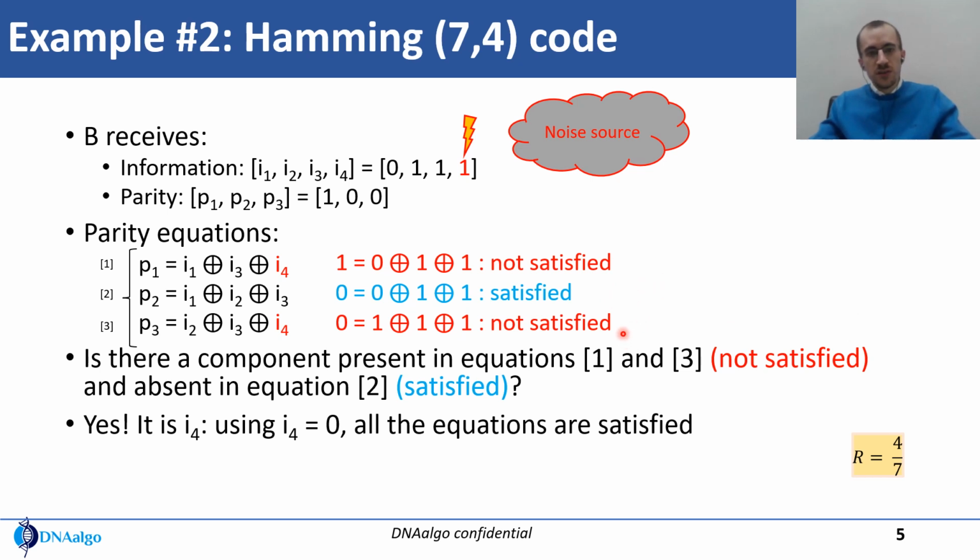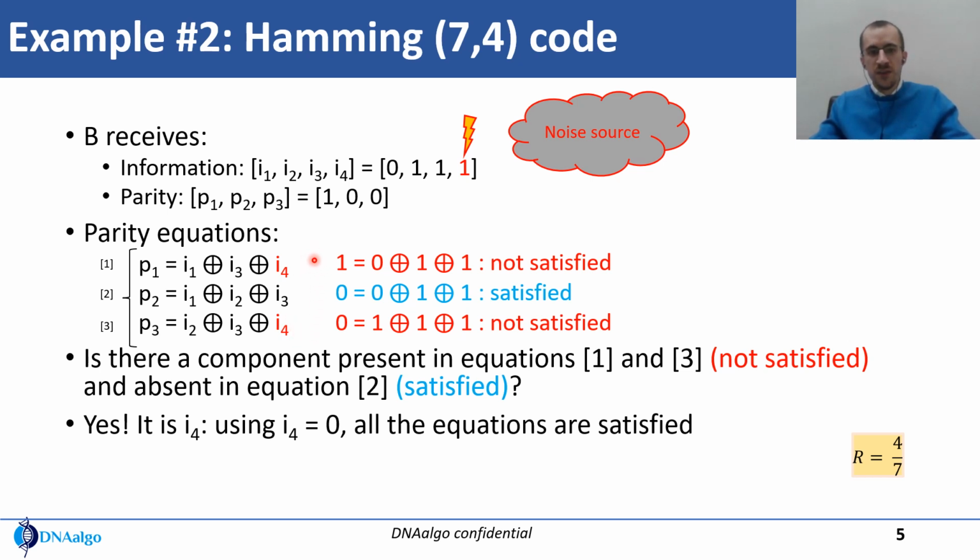So what we do here is to look at the first and the third equations, the unsatisfied ones, because if there is a component present in these 2 equations but not present in the second equation, which is satisfied, well, that's the wrong bit. And I4 is exactly what we were looking for.